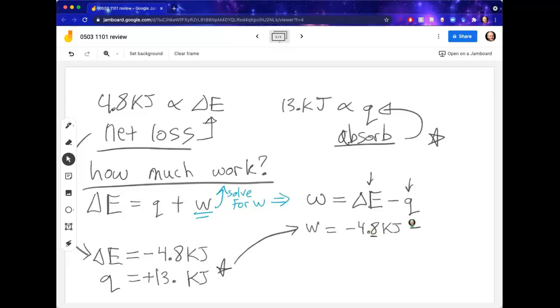Then we're subtracting 13 kilojoules, which has the ones place as its least significant decimal. So we're going to get a number that's more negative. In this case, I think W is minus 17.8 kilojoules. But we're going to have to round at that first ones place. So I think the final value should be negative 18 kilojoules.